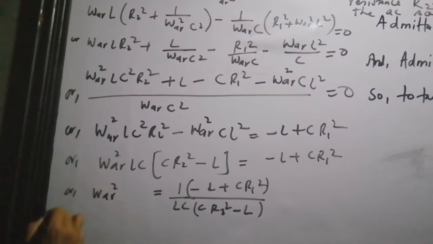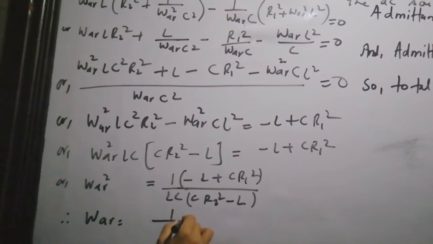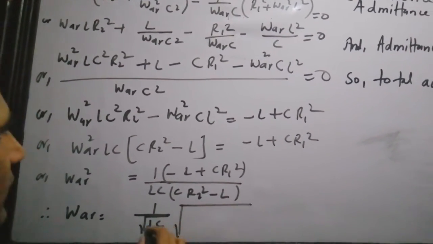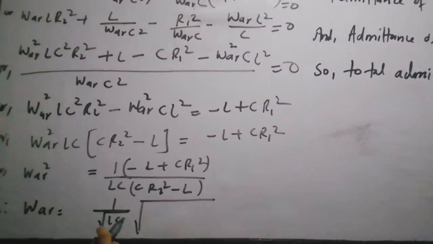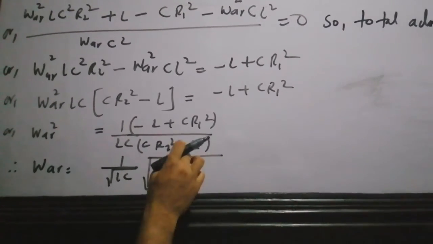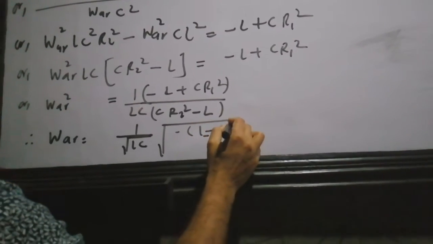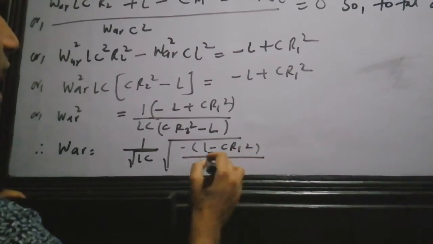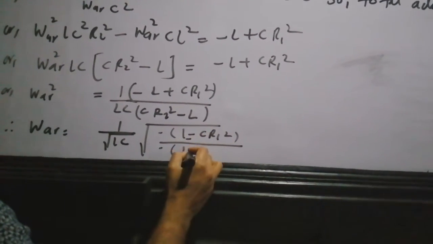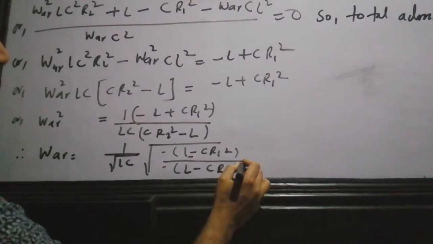This we got omega AR whole square, and so I need omega AR will be equals to 1 by root LC, and root under what we get. If I take the minus common from numerator and denominator, then what we get? This becomes minus taking common, so L minus C R1 square, and denominator, if I take minus common, then this term comes front, and L minus C R2 square.